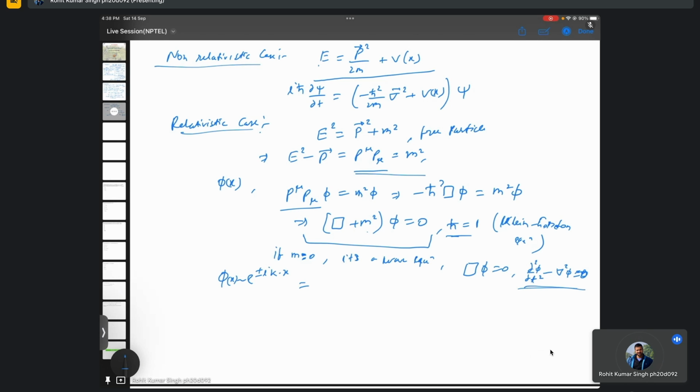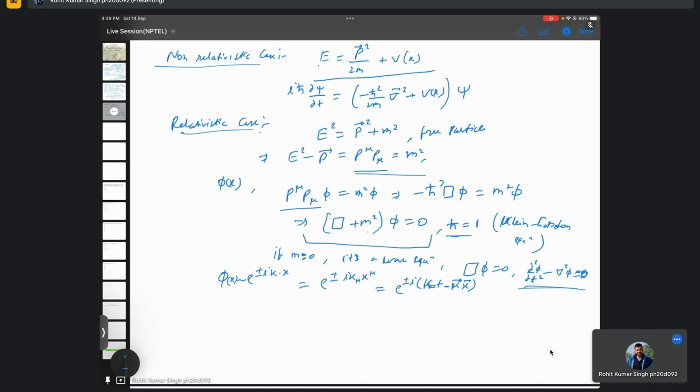where k and x are four-vectors, and so this we can write, and in terms of the three-vectors we can expand it like this, where k0 is the first component of the four-vector, and the k vector is the other three components.